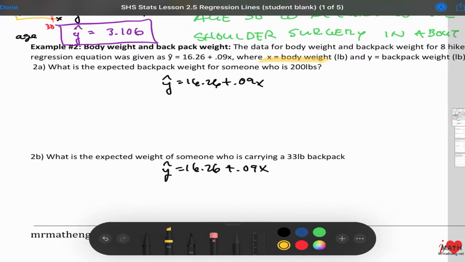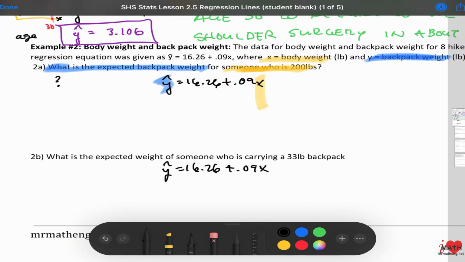That's the question. Backpack weight is the unknown, so backpack weight is the Y. That's what we're trying to figure out. In translation, this means X in yellow is 200 pounds.